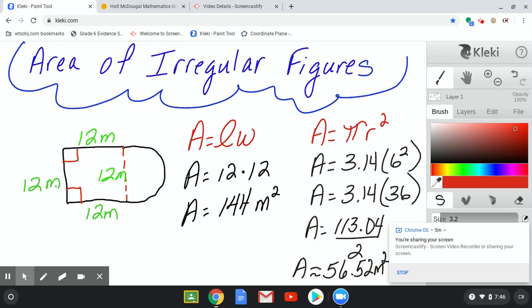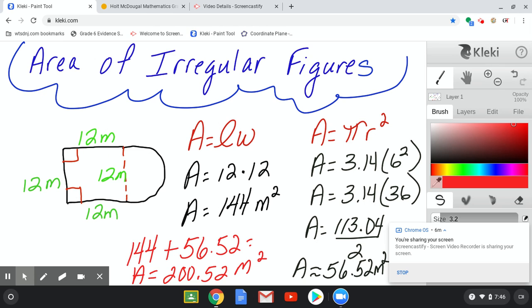I'm going to take my area of my square, which was 144, and I'm going to add my 56.52 for my half a circle, and then the area of this irregular figure or composite figure is approximately, it's really approximate, 200.52 square meters.